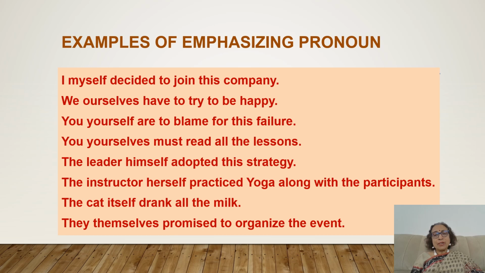Now, the same words, myself, ourselves, etc., are used in another function, and that function is called emphasizing. Emphasizing is to put extra force, extra meaning, extra importance to a noun.